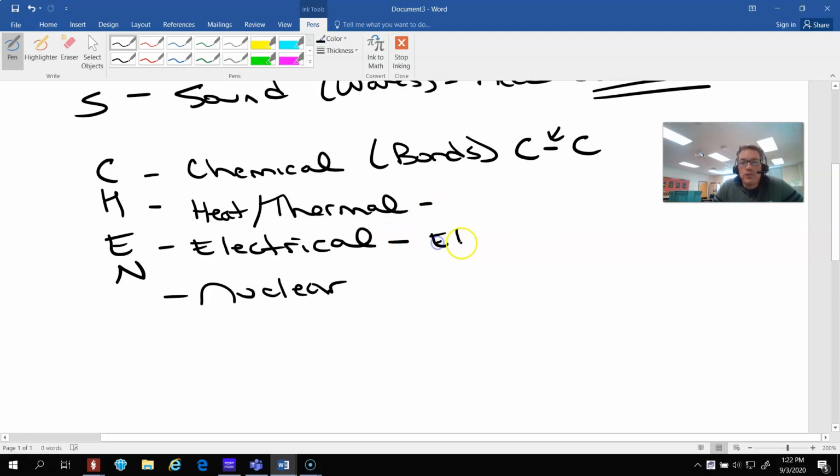The electrical is going to be caused by the movement of electrons, like we see in electricity. And nuclear energy, we're going to find inside the nucleus of an atom.